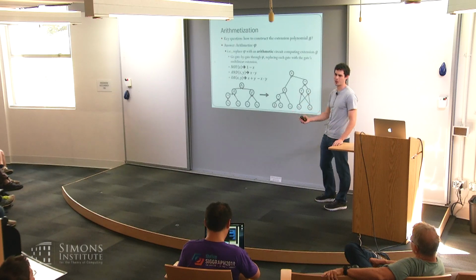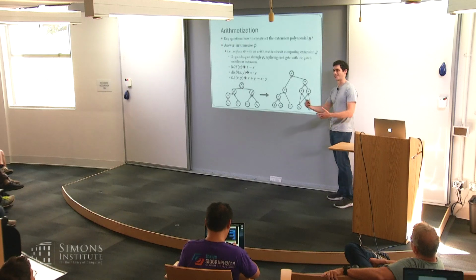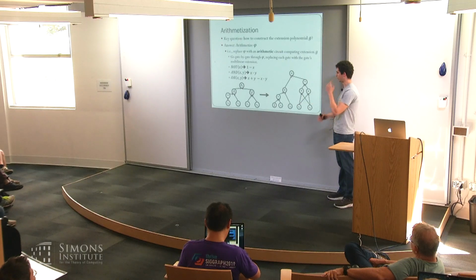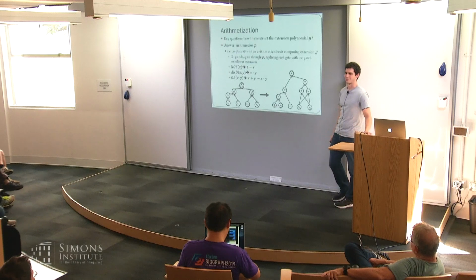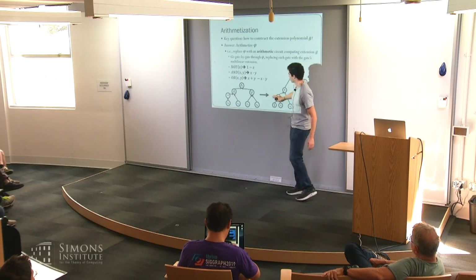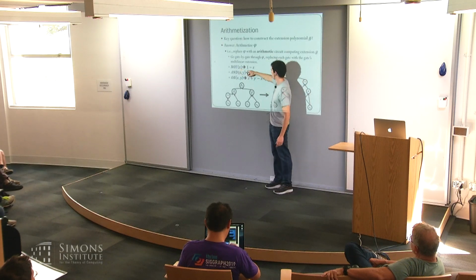It's a stupid way to compute the dictator function, which just spits out the input. And if you were to arithmetize that circuit, you would get a very high degree polynomial. Yeah, we'll talk offline.